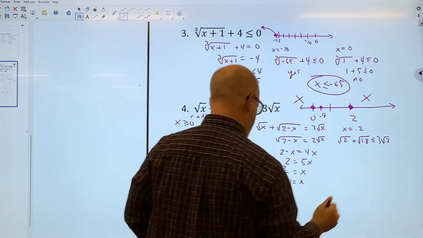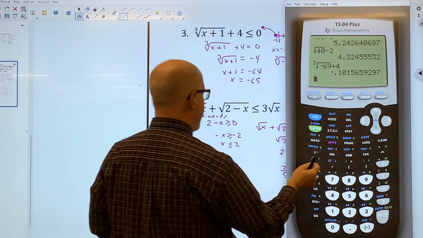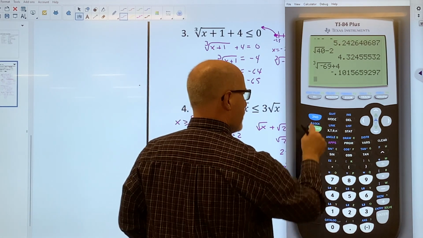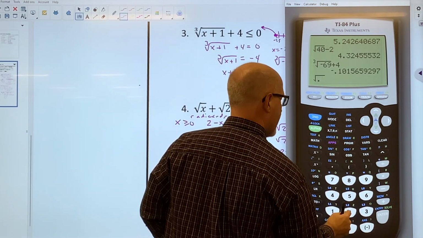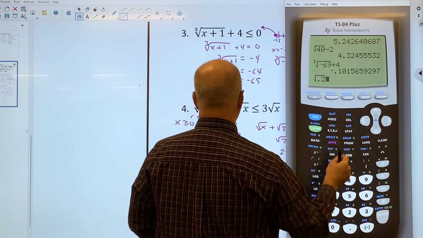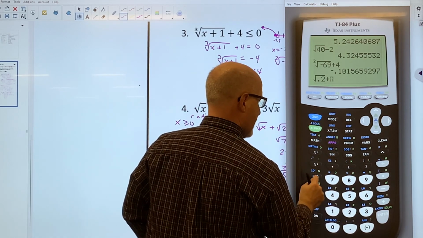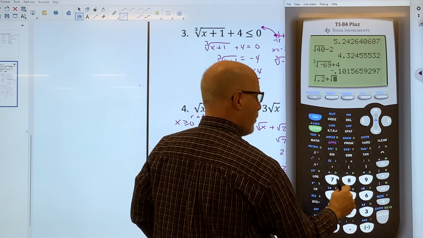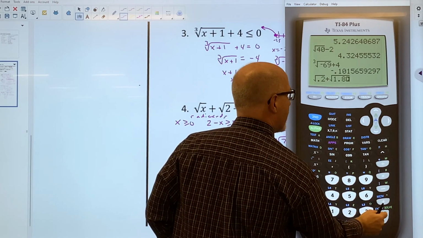Let's check it out on a calculator. I'm going to have the square root of 0.2, plus the square root of 1.8. What do I get for that one?